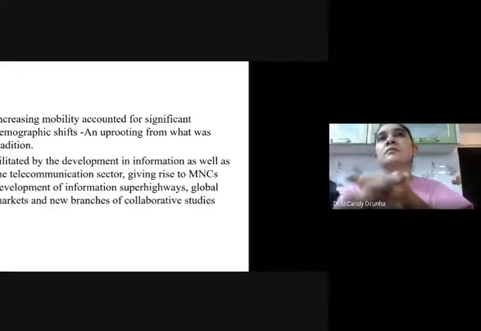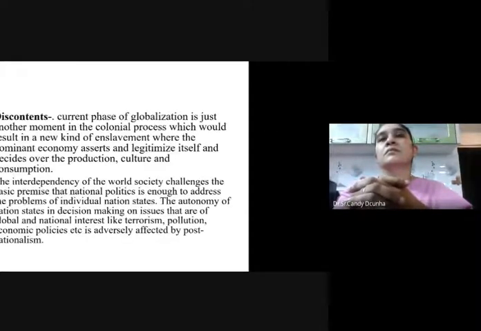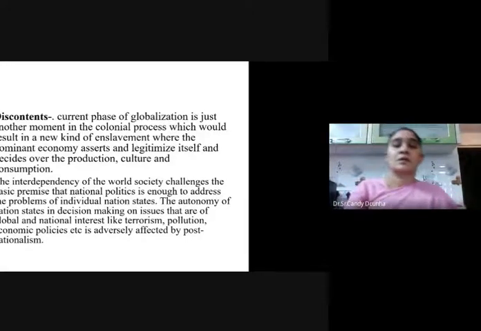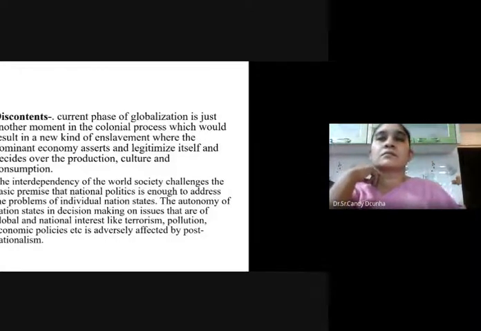Another thing is the cultural hybridization which happens as a result of post-nationalism, which we have to pay attention to. And the discontent and interdependency will create forces like terrorism or acts of violence in the name of nation or in the name of racial or spatial purity.